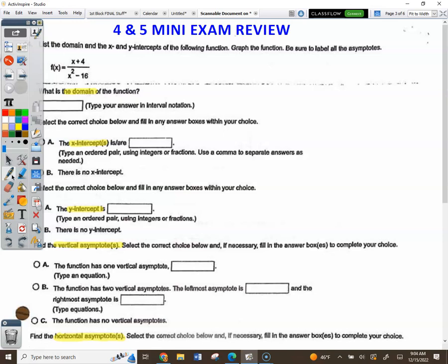Now, it is multiple choice. It's completely multiple choice if you're looking at the final exam review. But you do need to know where the asymptotes are in order to be able to figure out the graph. So those 2 from the final.